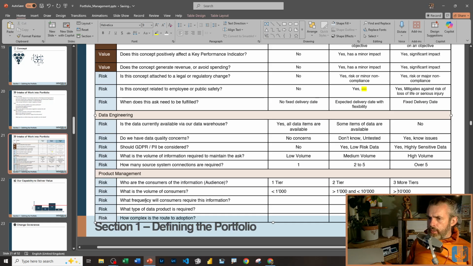Okay. What frequency will the consumers require this information? What frequency will consumers require updates? It's a bit of an engineering ask actually, but we'll leave it in the product section.